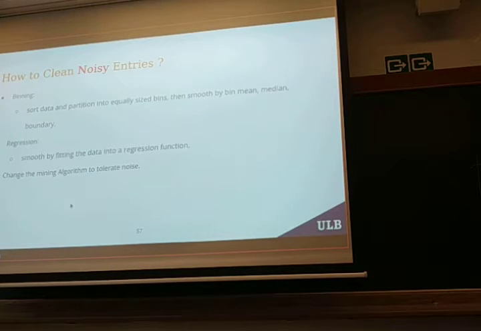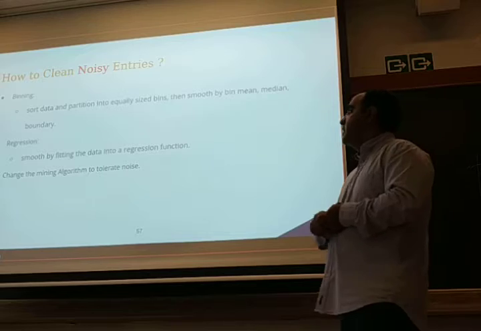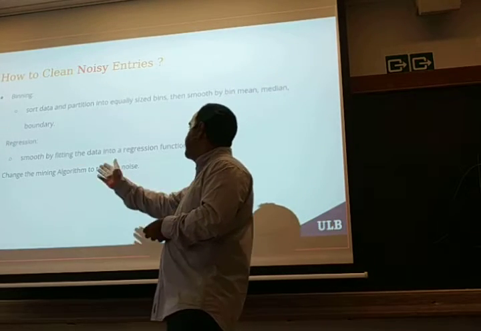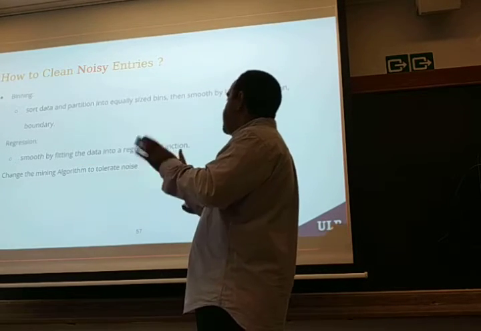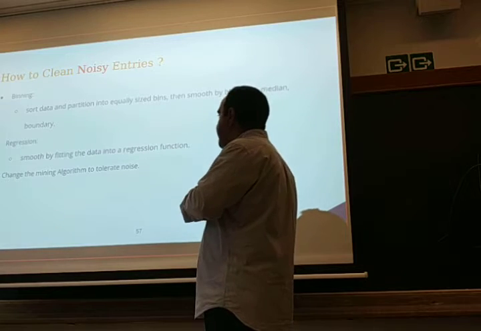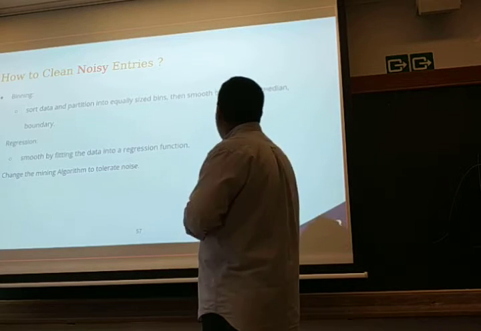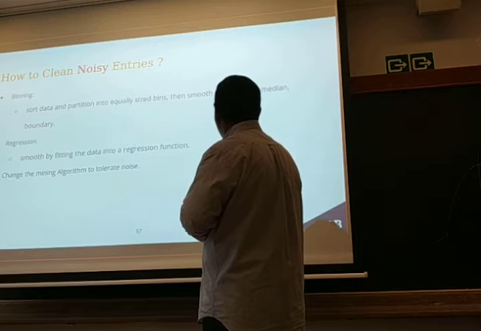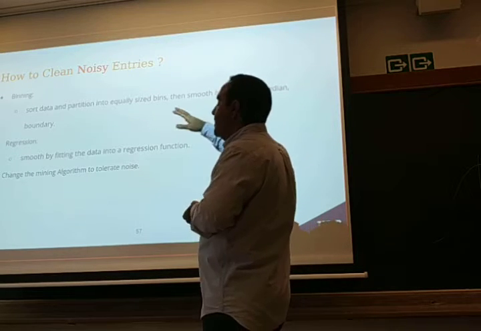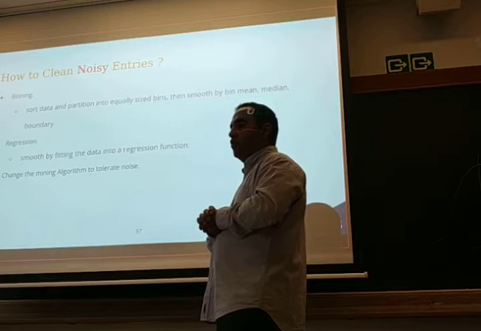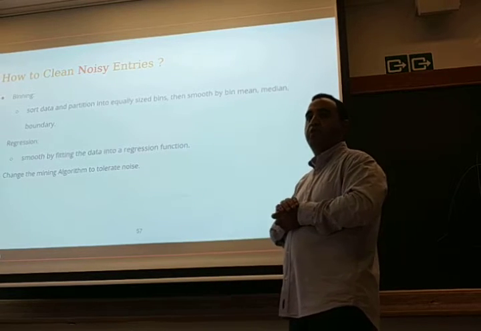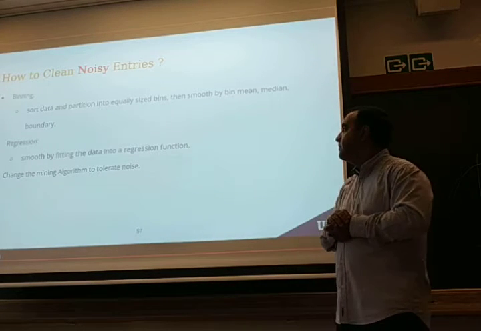Other way is to do binning. So sort the data and then partition them in bins, and for every bin use some summary like the mean or median in order to smooth all values that fall into this bin.